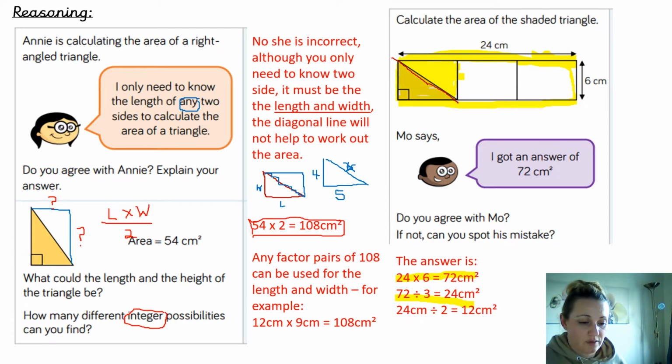So we've got 24 divided by 2 equals 12. So therefore the area of that particular triangle there is 12 centimetres. And it says, can you spot Mo's mistake? Well, Mo has just worked out the area of the full thing.